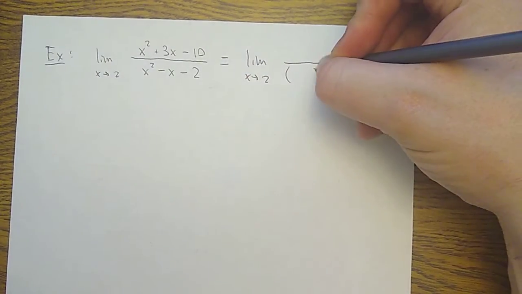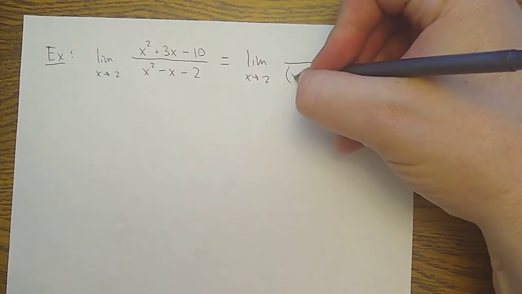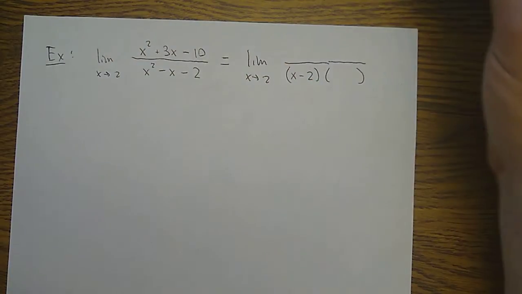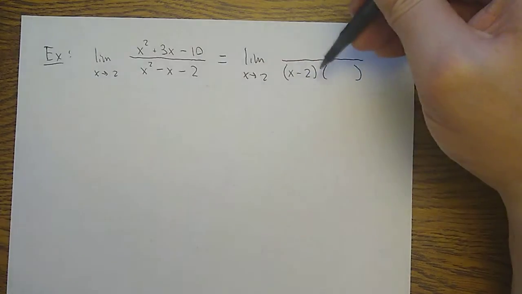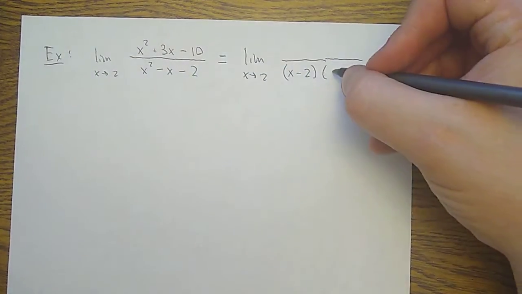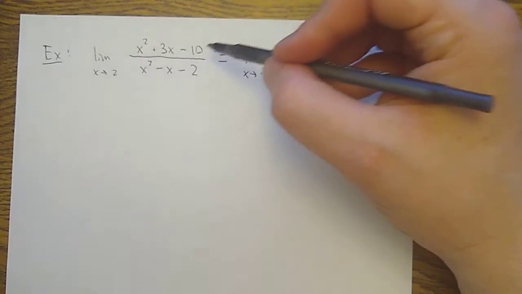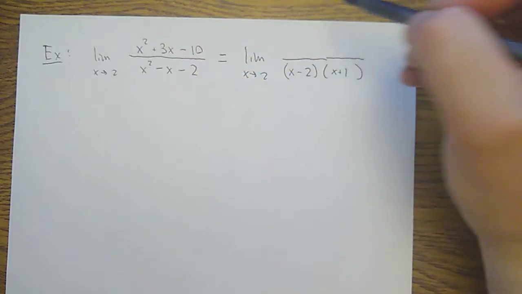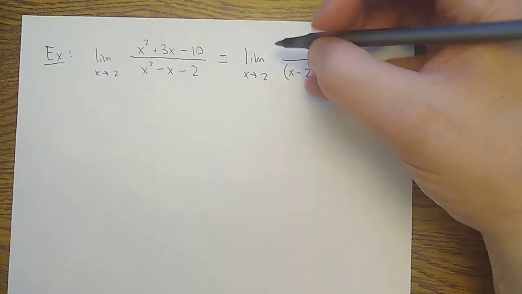The bottom is, I'm just going to guess, one of the factors is x minus 2, because that's how you would get a 0 on the bottom. And then the other factor should be x plus 1. Now, on the top, what I would really like is to be able to cancel this x minus 2.